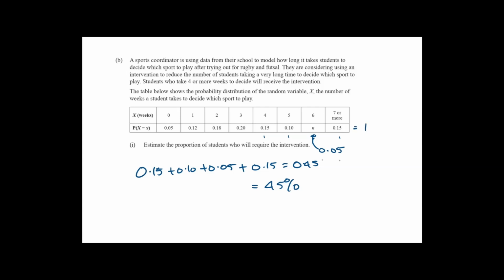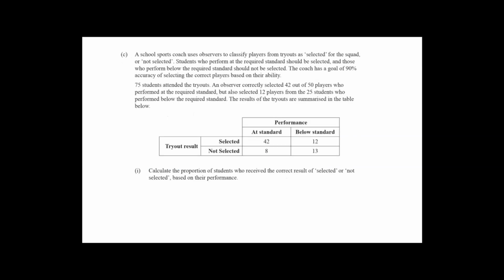On the home straight, a school sports coach uses observers to classify players from tryouts as selected for the squad or not selected. Students who perform at the required standard should be selected, and those who perform below the required standard should not be selected.